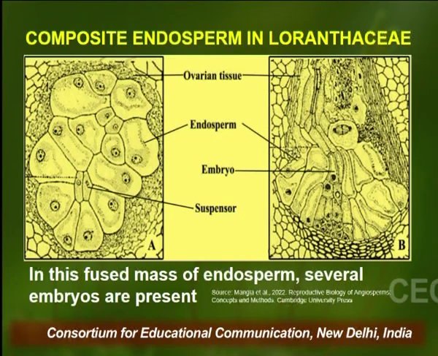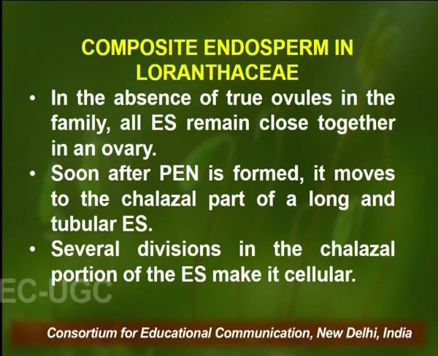Now, composite endosperm is a characteristic feature of Loranthaceae. In Loranthaceae there are no true ovules, so all embryo sacs remain close together in an ovary. Soon after the primary endosperm nucleus is formed, it moves to the caulinary part of a long and tubular embryo sac.